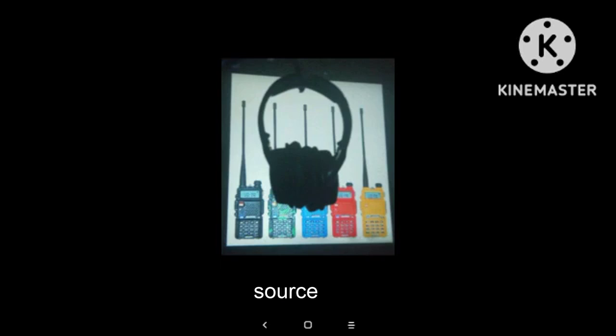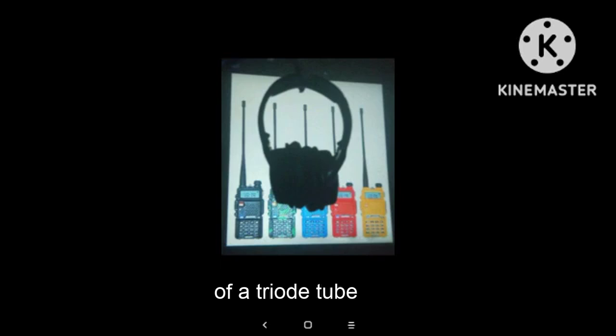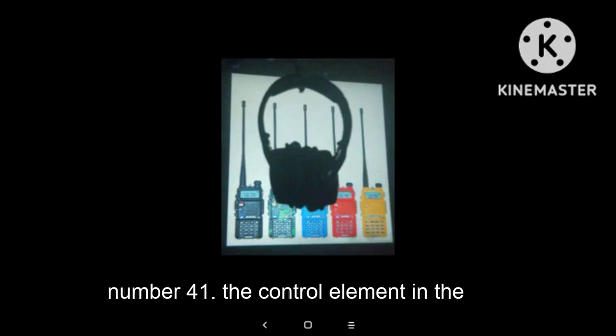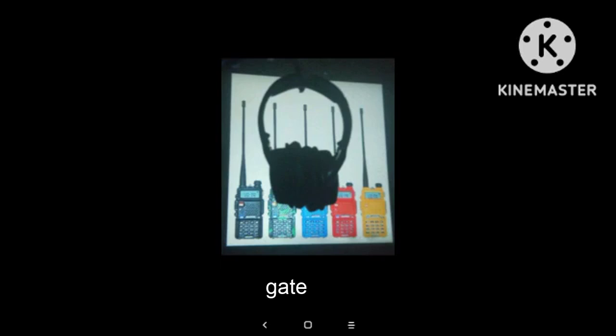Source. Number 40. What is inside the envelope of a triode tube? A vacuum. Number 41. The control element in the field effect transistor is the gate. Number 42.